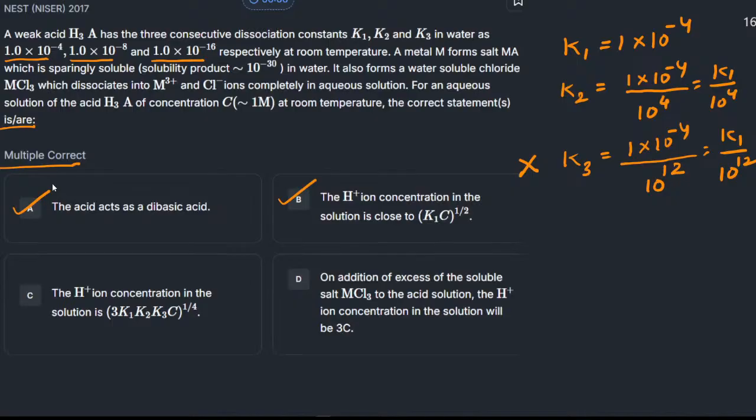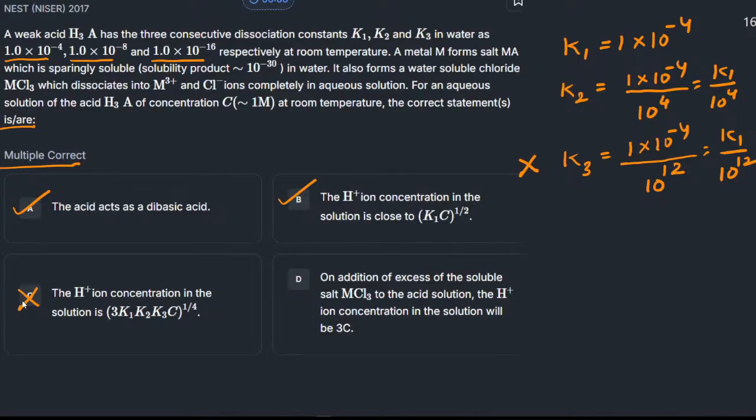So the acid acts as a dibasic acid. Now the H plus ion concentration in the solution is not appropriate, because K1 is far more than K2 and K3.